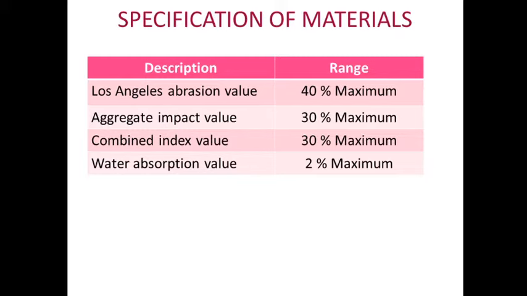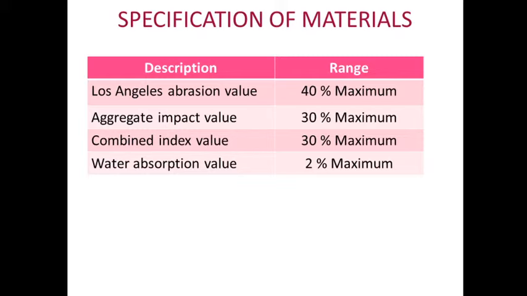Combined index, I mean flakiness index and elongation index, should be 30% maximum. And water absorption value for finding the property of porosity should be 2% maximum. These are the specifications of stone aggregate used for wet mix macadam.